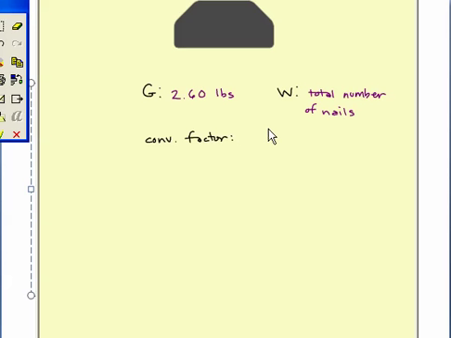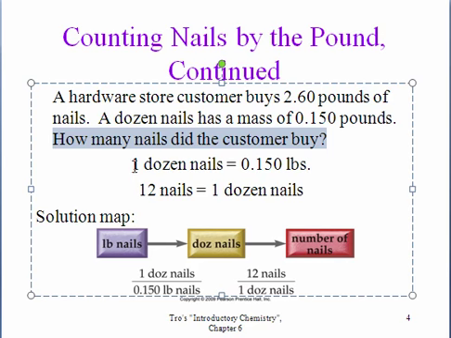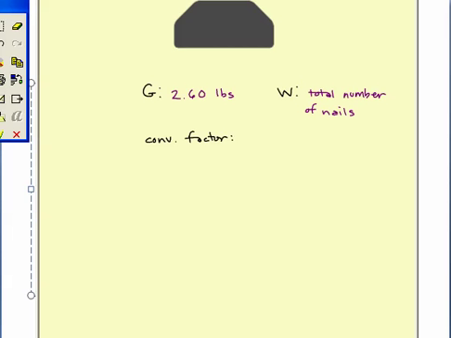So what that means is we've got to be really careful about our math and pay attention to what we're doing, pay attention to our answer, pay attention to our units. Okay, so our customer buys 2.60 pounds. We want the total number of nails. We need some conversion factors here. Here's my conversion factor between number and mass. 1 dozen nails is equal to 0.150 pounds.